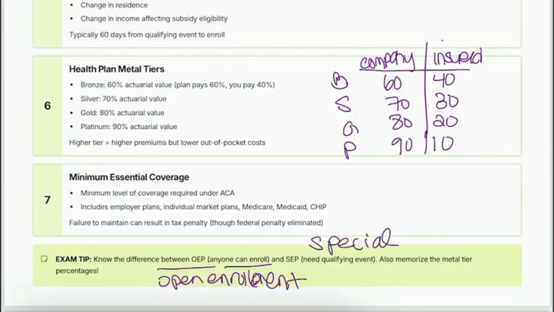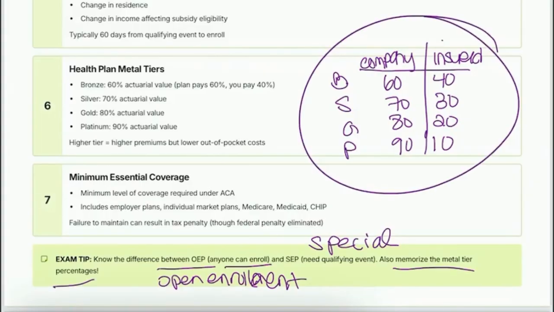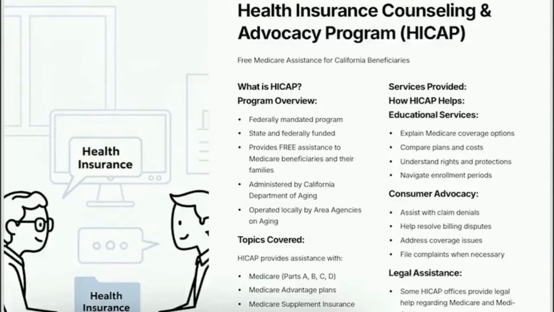Okay, moving on to HICAP, Health Insurance Counseling and Advocacy Program. Free Medicare assistance for California beneficiaries. What is HICAP? It is a federally mandated program, state and federally funded, that provides free assistance to Medicare beneficiaries and their families.